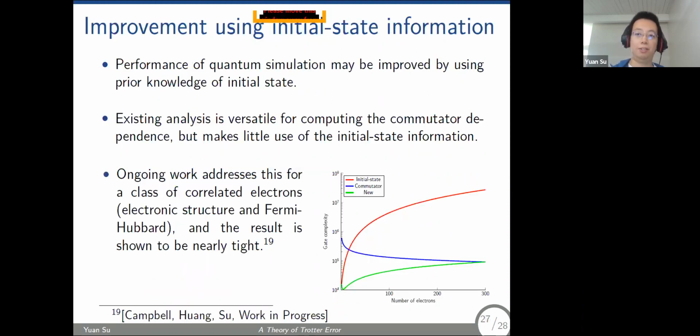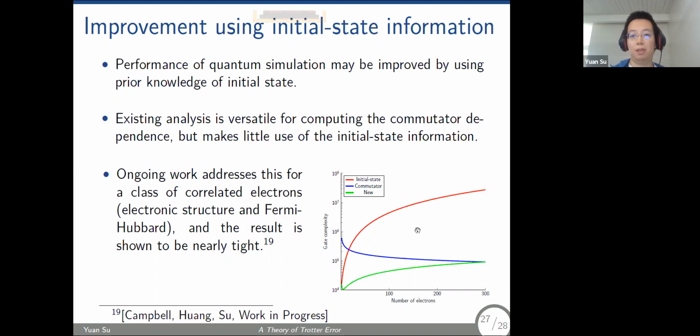Another thing is maybe you can use the information about the initial state, right? We have been considering Trotter error quantum simulation in terms of spectral norm. So this is a worst case. It maximizes over all the initial states. But of course, you can also exploit the initial state to speed up your quantum simulation. So in practice, people often prepare a low energy initial state in the beginning and then do the simulation. So hopefully your performance will be much better if you exploit the initial state information. We have ongoing work that attempts to address this problem for electronic structure Hamiltonians.